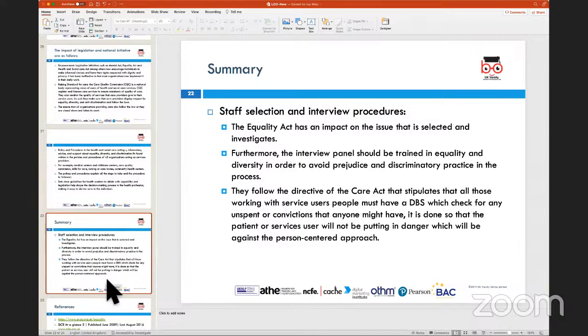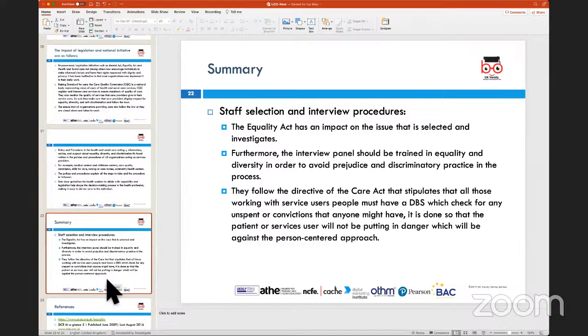That means they would include commitments to equal opportunities. There would be clear written procedures to ensure that job applicants are assessed solely on the basis of their ability, not on their appearance, background, or the culture they come from. And this would encourage applications from unrepresented or underrepresented groups within society.